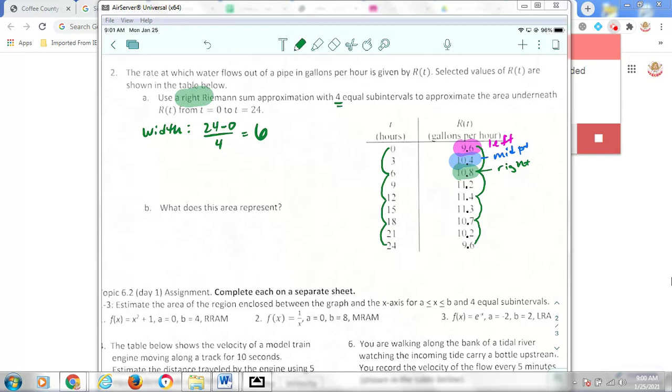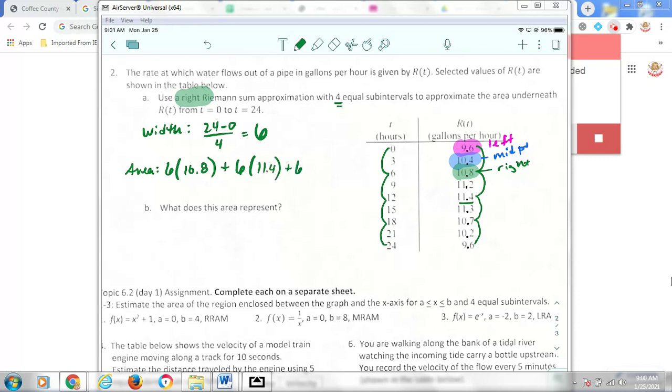For our first rectangle, remember the width is 6, and the height is going to come from the right point, which would be 10.8. We go to the next rectangle. Our width is 6, and the right point is going to be this 11.4.